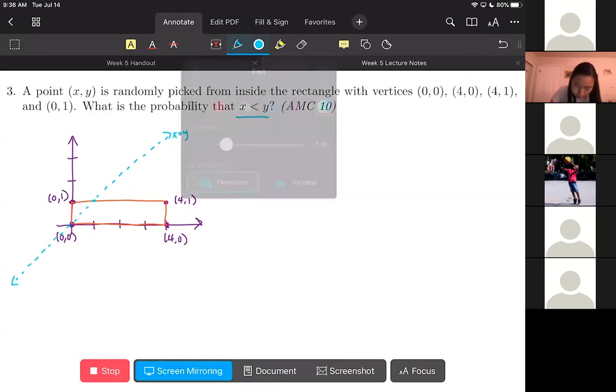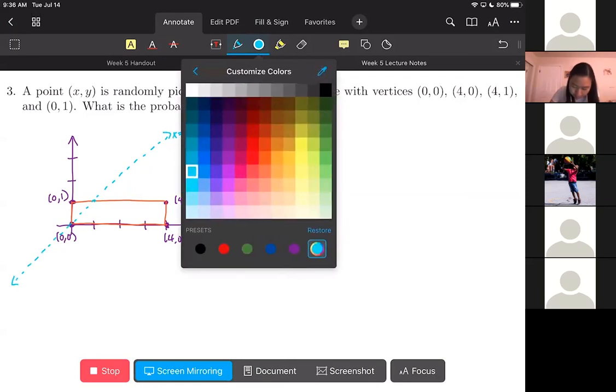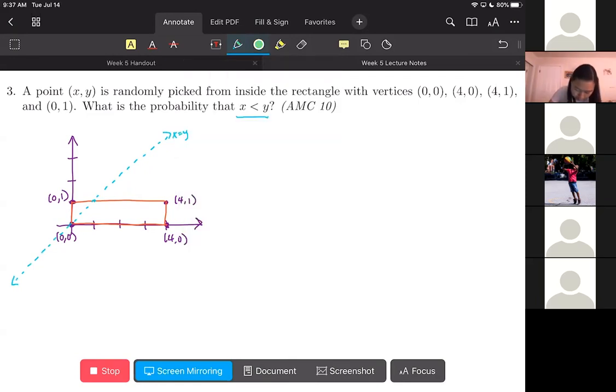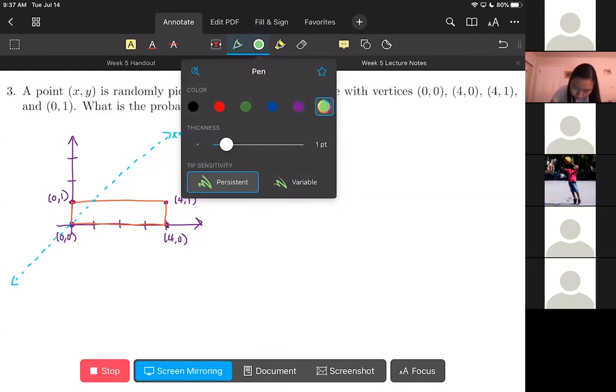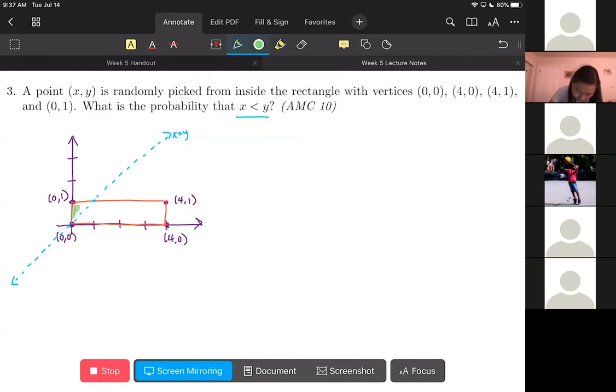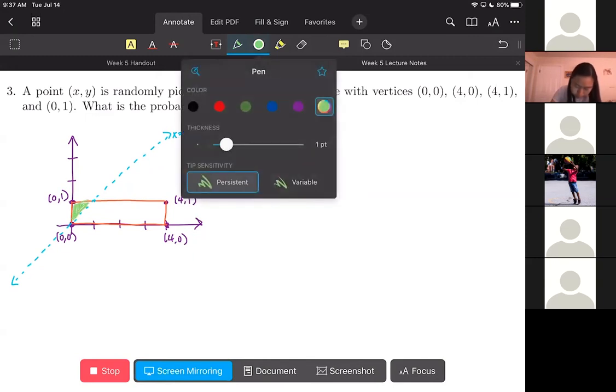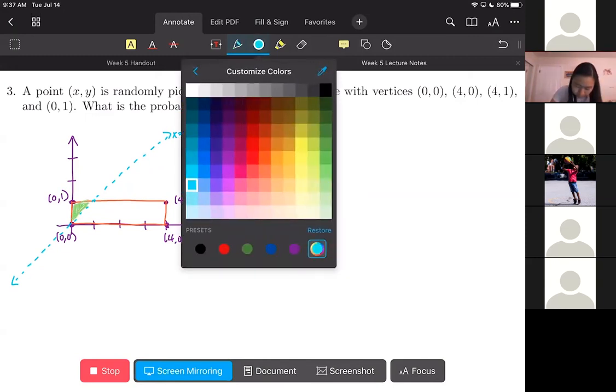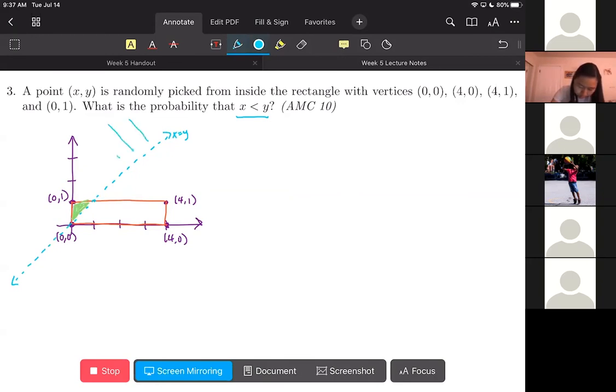And then for x to be less than y, it basically needs to be in this region over here, because anything over here has x less than y. Does that make sense?